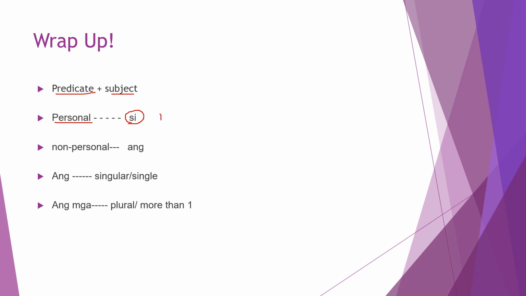Si plus name, specific name of a person or even an animal. So, for a person, we have si Maria. For animal, we can also say si Maria if you are talking that it's an animal or it's a person. So, it's up to you.